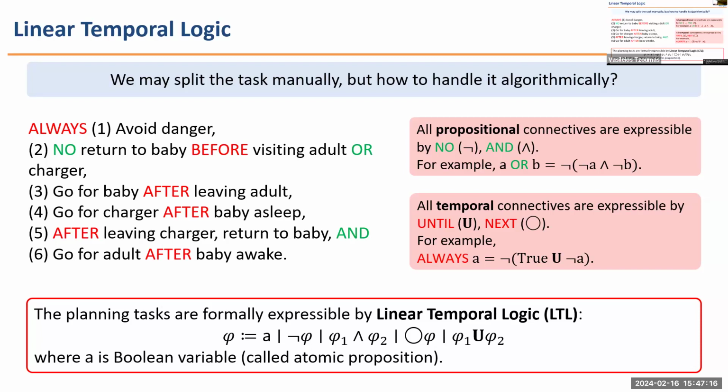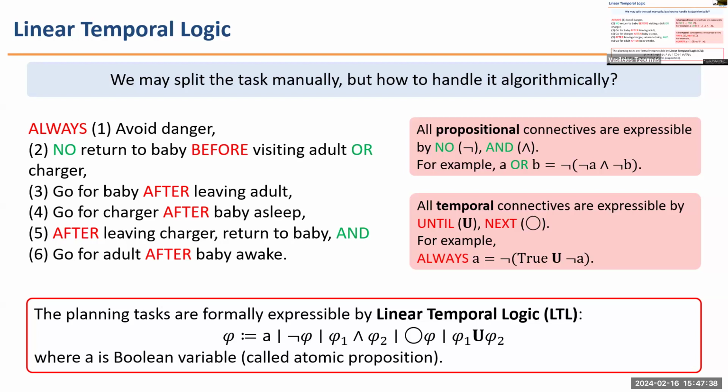And there are extra things that express the order of events. For example, something should always be true, something should happen before another, something else should happen after the other. If you want to symbolize this expression, you need to introduce new temporal operators, new symbols to express that.